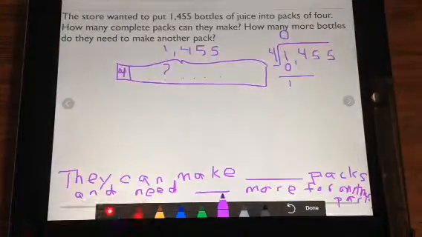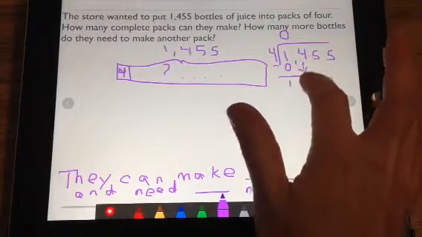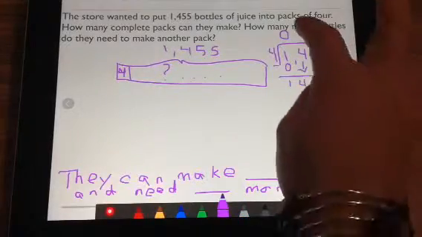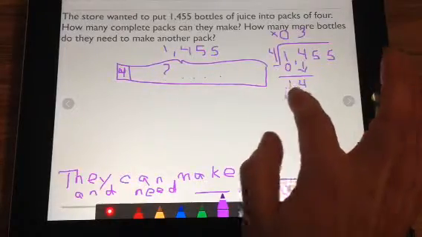Subtract, and I still have 1,000. When I unbundle that, how many hundreds do I get? Correct, 10. Plus my original 4 hundreds, I now have 14 hundreds. 14 into 4 groups is 3, because 3 times 4 is 12.